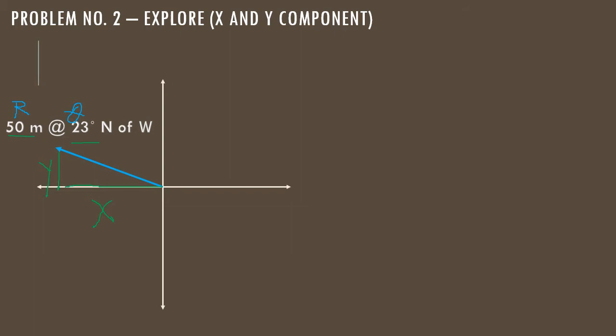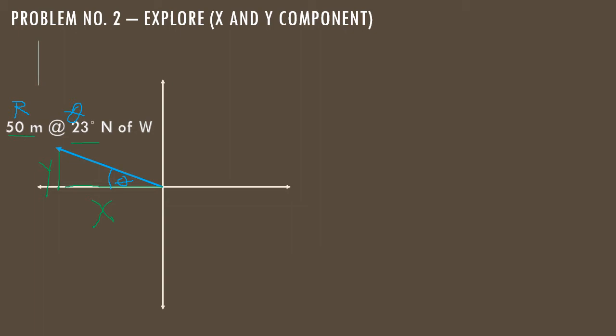ano kaya yung gagamitin nating function para makuha yung y component? So, yung y component ay yung opposite nitong angle theta. So, yung y is yung opposite, and then meron na tayong hypotenuse.